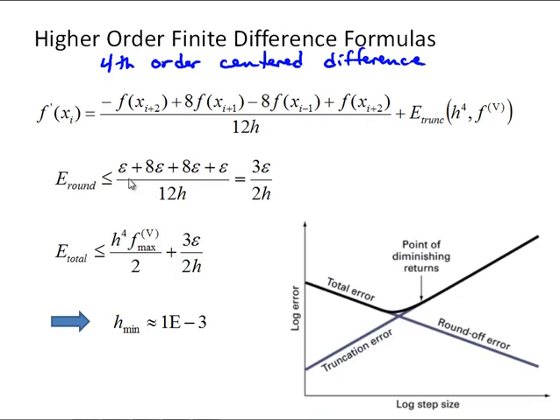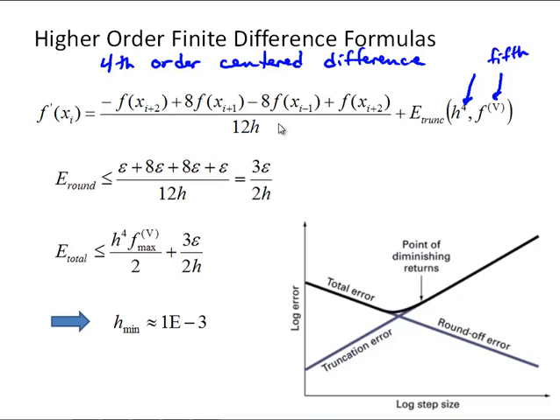So we get epsilon plus 8 epsilon plus 8 epsilon plus epsilon, all divided by 12h, or 3 epsilon over 2h. But the truncation error now is proportional to h to the fourth and the fifth derivative, because that's the lowest order term of the Taylor series that is truncated in order to develop this finite difference approximation.